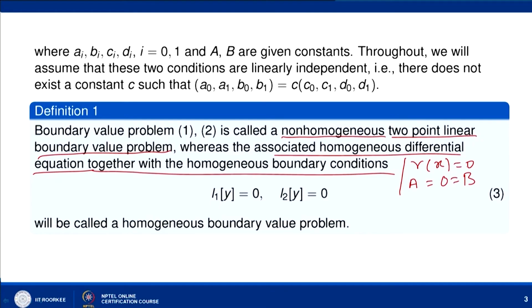So, when R x equal to 0, A equal to 0 equal to B, in this case we call this a homogeneous boundary value problem. But if R x is non-zero, and A and B are non-zero, then we call it a non-homogeneous boundary value problem. Okay. In fact, at least one of A and B has to be non-zero in a non-homogeneous boundary value problem.